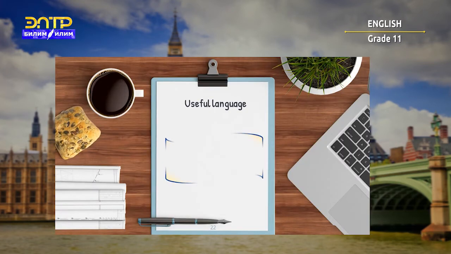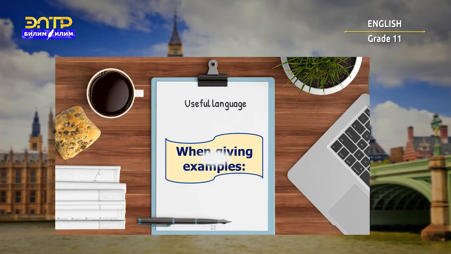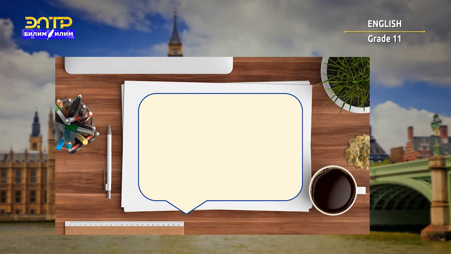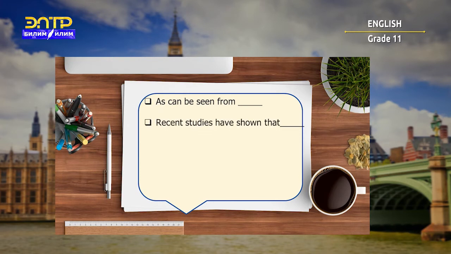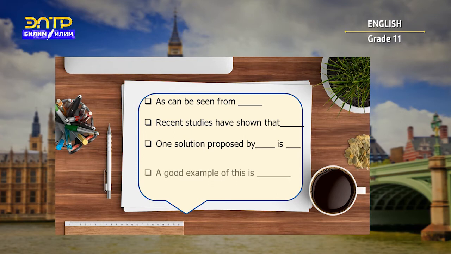When giving examples, you can use these ones: as can be seen from, recent studies have shown that, one solution proposed by, a good example of this is, evidence suggests that.